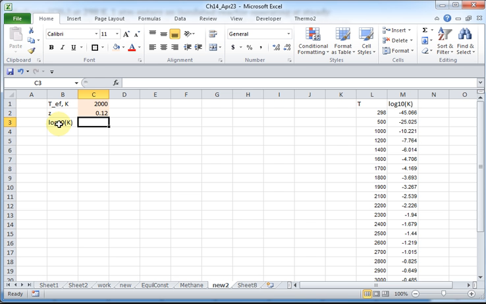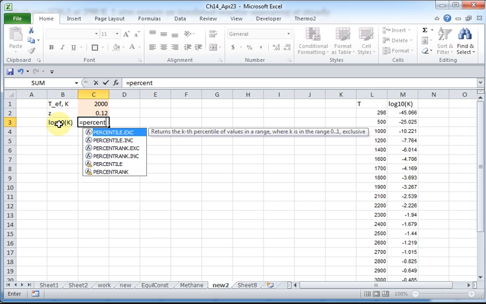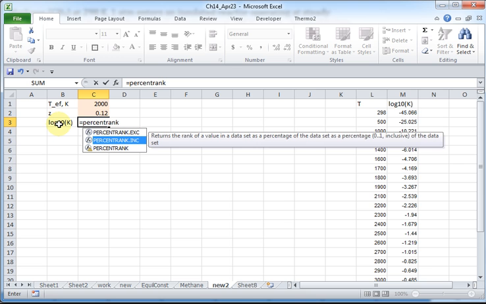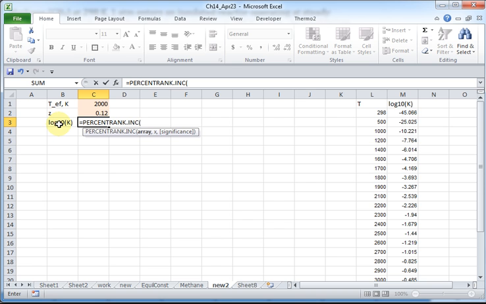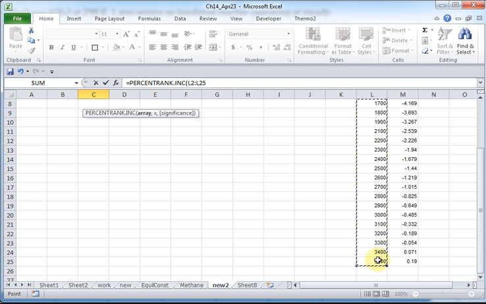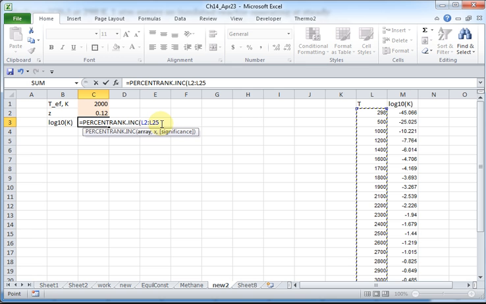The first thing you do is find a percent rank, and we're going to do it for inclusive. You can read more about this routine, but that's the routine. Since I'm coming in with temperature, I need to know where that 2000 falls in this range of temperatures. So in that given array, that's my array, I want to know where this value of X, 2000 or temperature, falls.